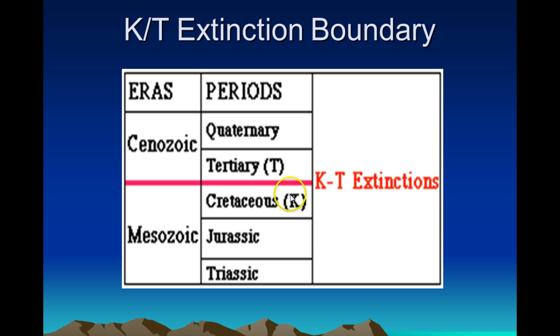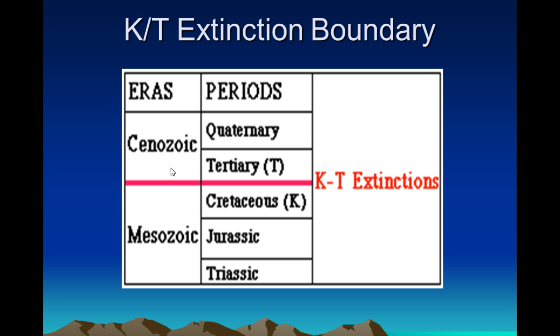Don't know why they use K? Don't really care. But Cretaceous is abbreviated with a K, so KT boundary right here, the boundary between the Tertiary and Cretaceous periods. Now also on a broader scale, the boundary between the Mesozoic and Cenozoic eras, like is shown here in this slide, we're also going to talk about.